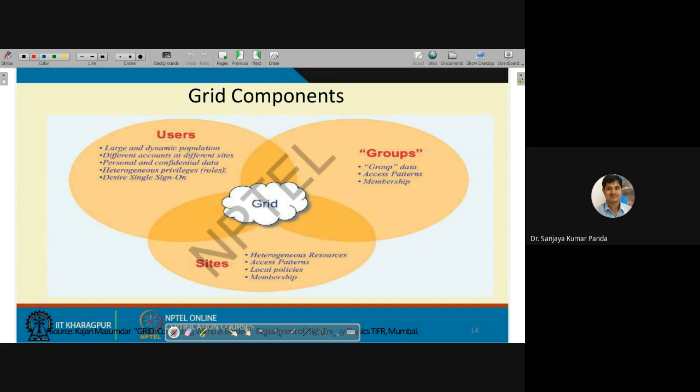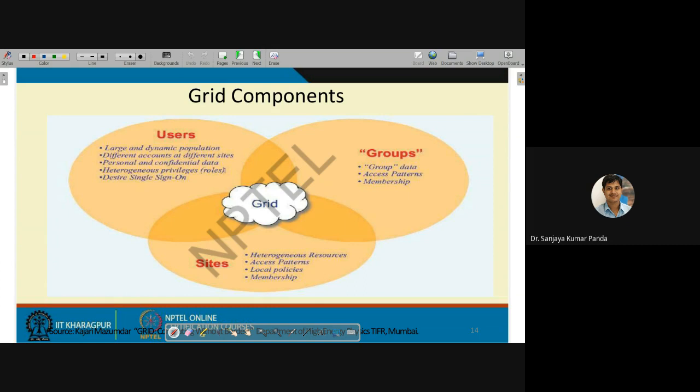You want some resource or you want to share your resource voluntarily, then you can be a part of our grid. Second is groups. If you talk about our institution, in our institution we have several computer systems. So these computer systems are nothing but a group of systems.